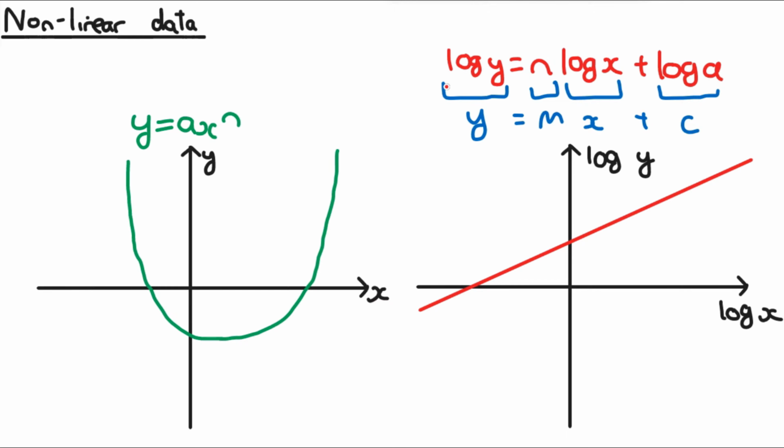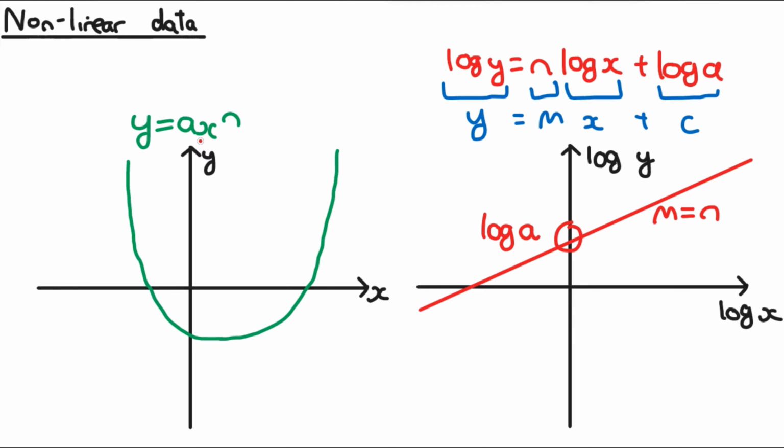So if we plot this, log y equals n log x plus log a, in its y is equal to mx plus c format, with the y-axis being log y and the x-axis being log x, we get a straight line with the gradient being equal to n, which is this number here, and the y-intercept being equal to log a, where a is this number here, so it's the log of that number.